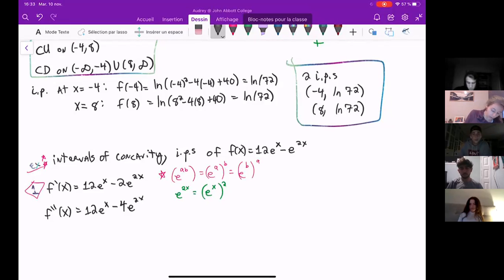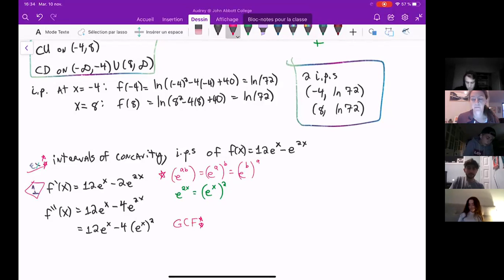Which means that this right here can be written as 12 e to the x minus 4 times e to the x squared, which might help us more easily to identify the greatest common factor, which is 4e to the x. 4e to the x, you got it. So we can see that there's an e to the x that's part of that factor.